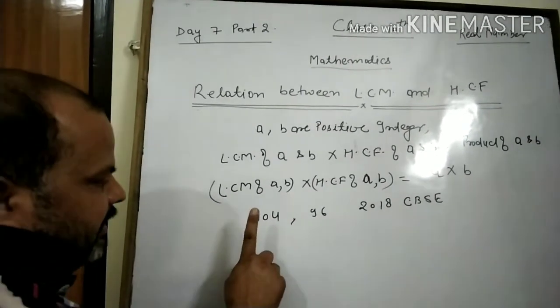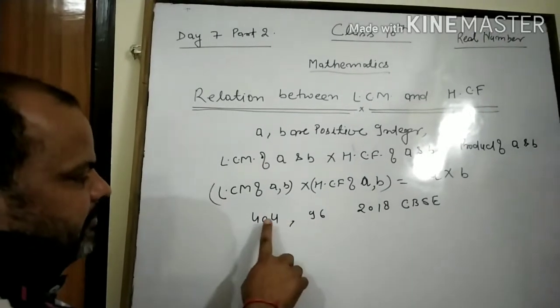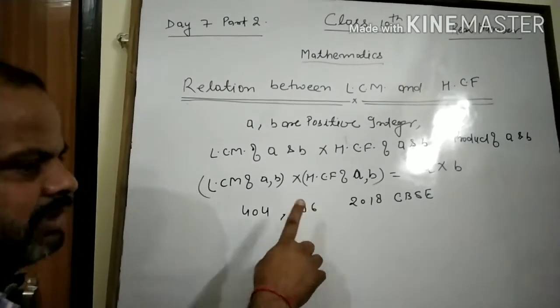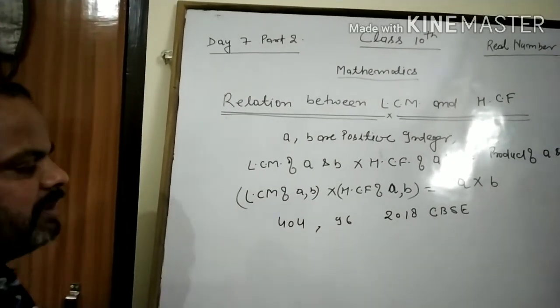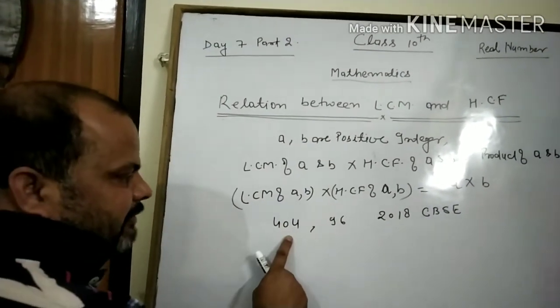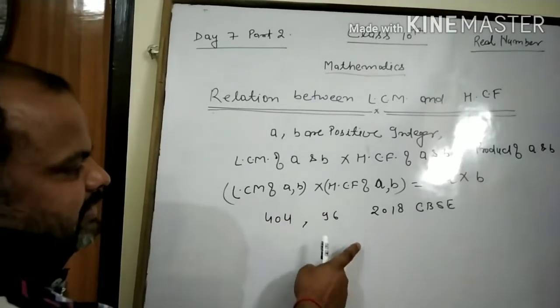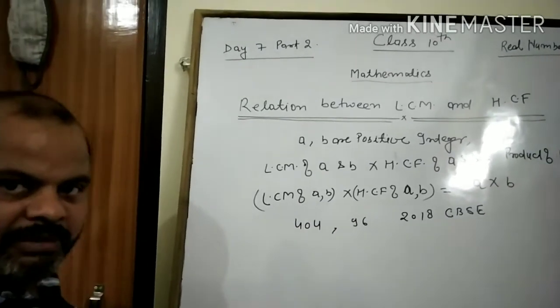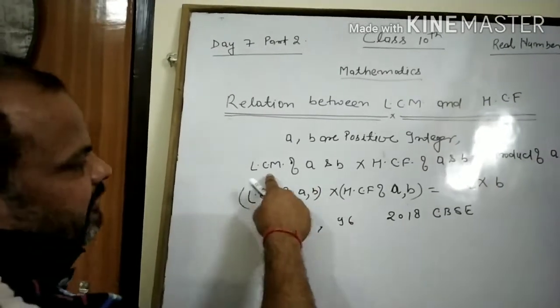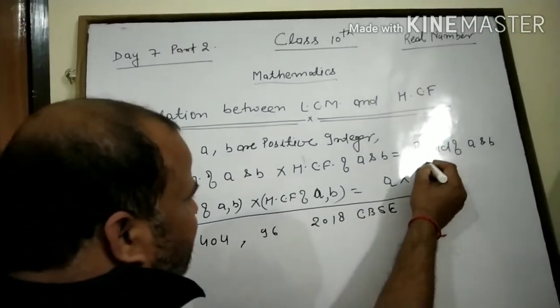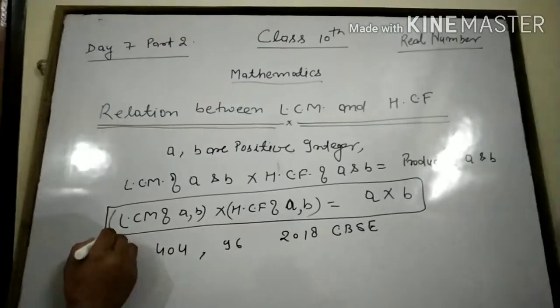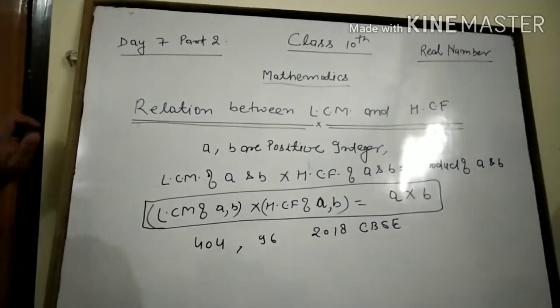You can find the LCM of 404 and 96 with the fundamental theorem of arithmetic, and then find the HCF of 404 and 96 with the Euclid division lemma, and then justify this relation. Clear? Then we get 3 marks.